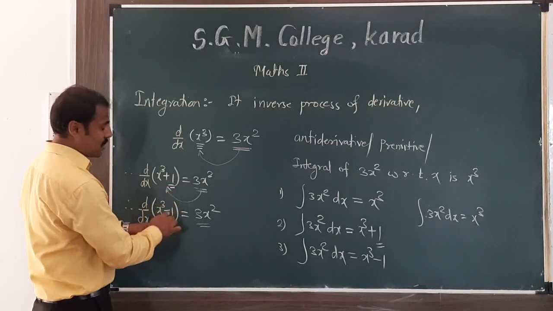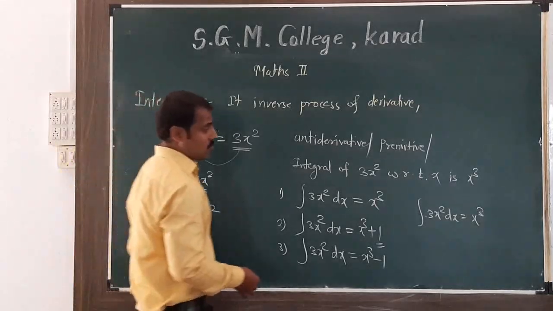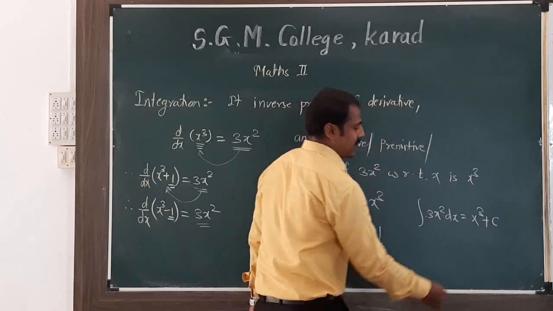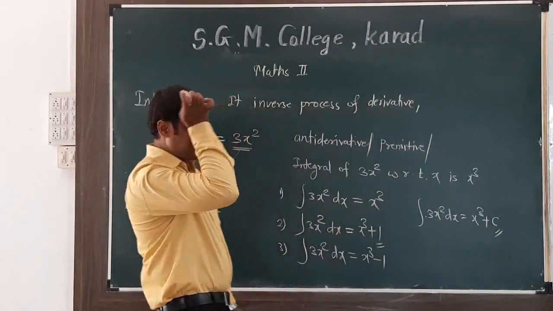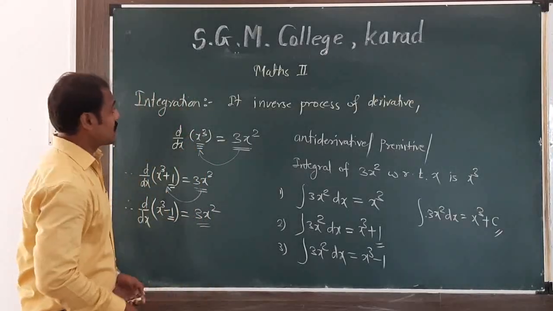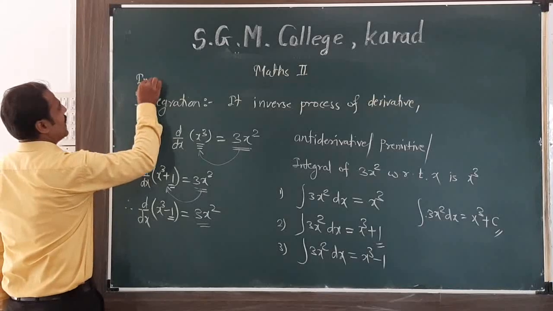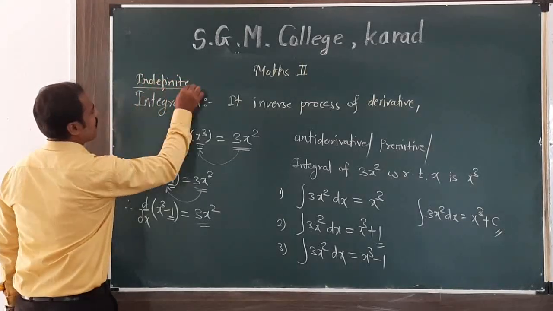Either it's +1 or -1 or any constant. So we introduce that constant by C, and that C is called the constant of integration. Such types of integrations are called indefinite integrations.